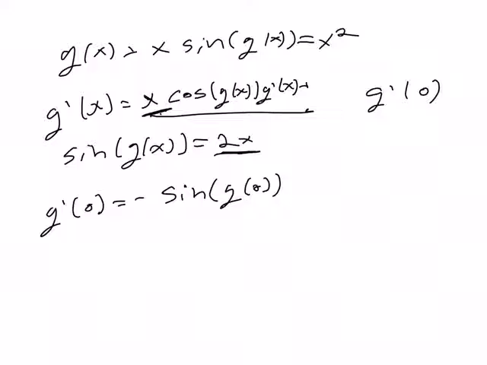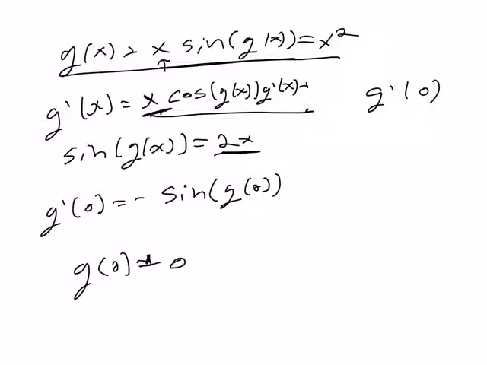So we need to know what g of 0 is, which is simple to figure out if we just plug in 0 into all of this. We got g of 0 up here plus, and because of this x, this whole thing is 0, is equal, and plugging in 0 here, we get 0 here, so g of 0 is 0. So this is negative 0 or 0. Very nice question.